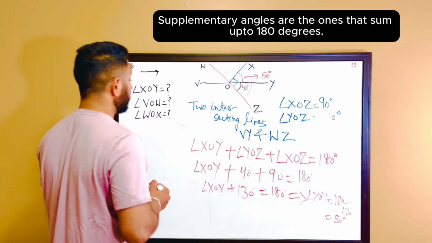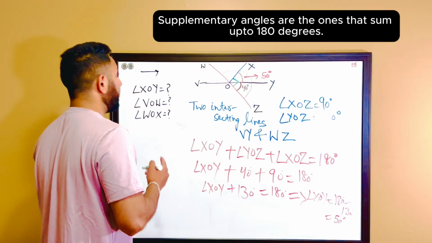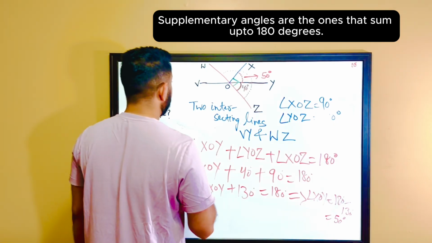And we also know that opposite angles made by two intersecting lines are equal.